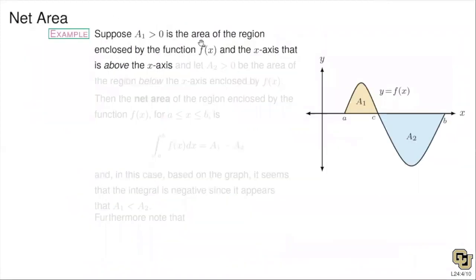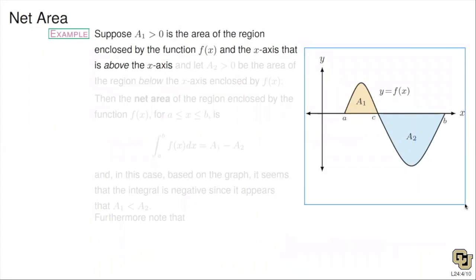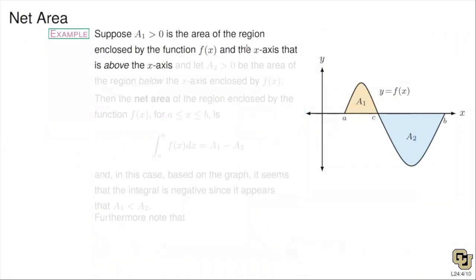So here's a picture. And so you should look at the graph. I just made up a function. I just drew a function. And the area of this region bounded by the function and the x-axis that's above the x-axis, I'm calling that area A1. That's the area, so it's a positive number.